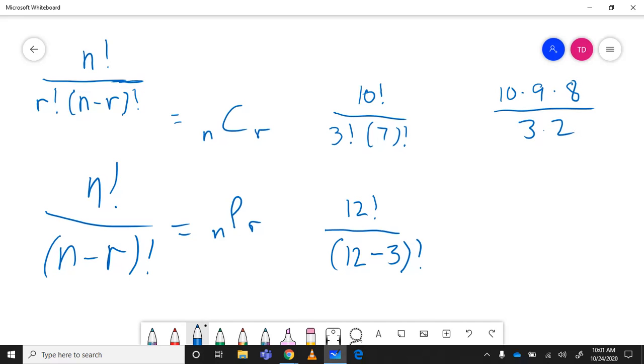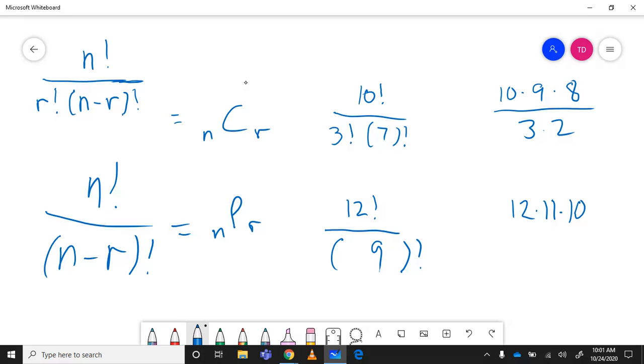On the bottom, the 3 factorial remains. Over here, we're going to cancel out everything after the 10, because we are going to have 12 minus 3, or 9 factorial being divided from the bottom.